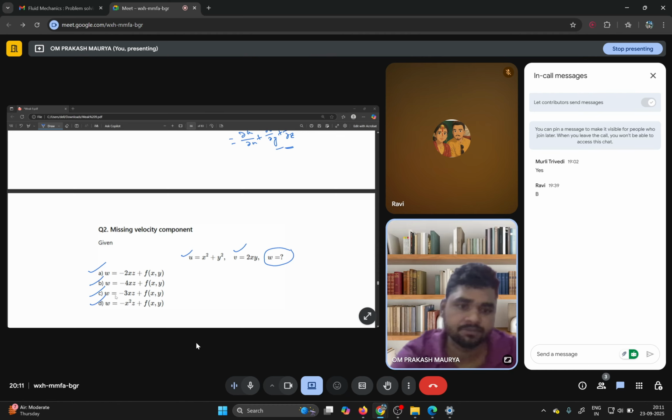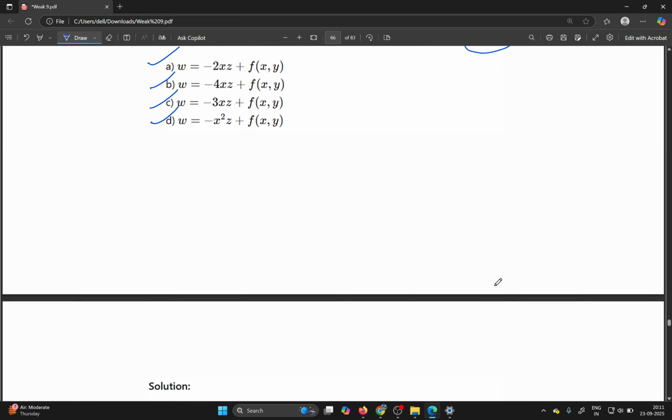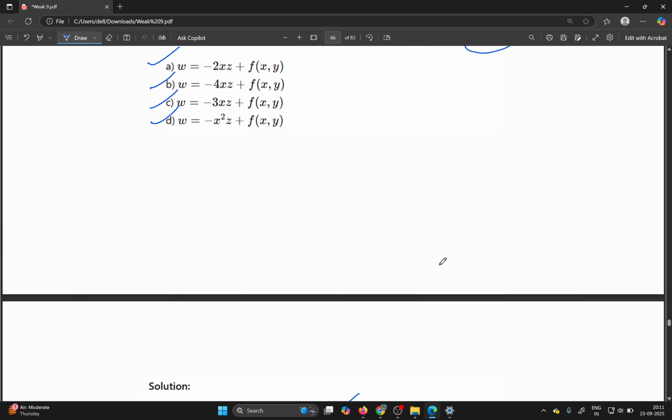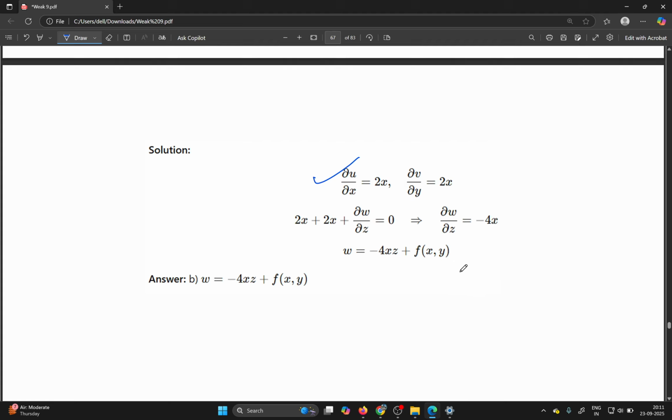Okay, so let us discuss. We need to calculate here the missing velocity component, that is w. You have already u and v. So you will do similar things here, whatever we did earlier. Let me write here the function: u is x square plus y square, and v is 2xy.